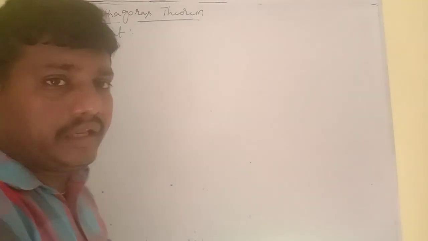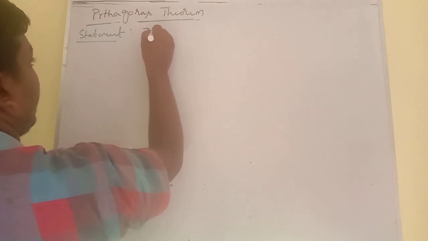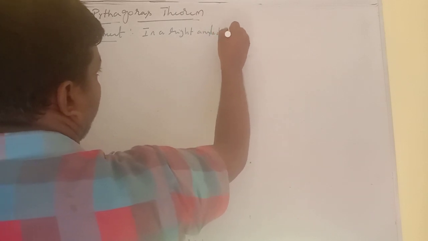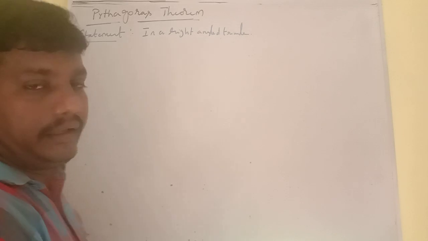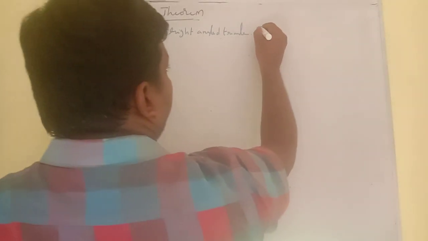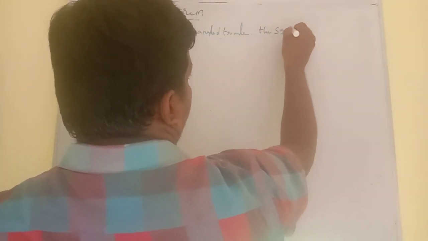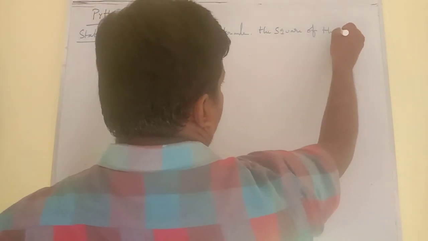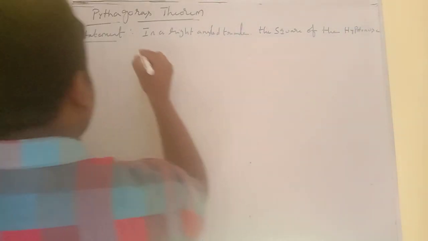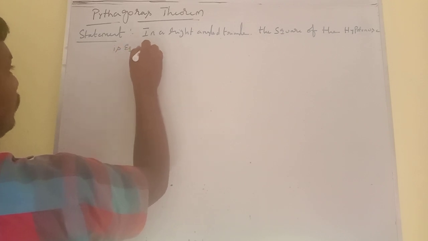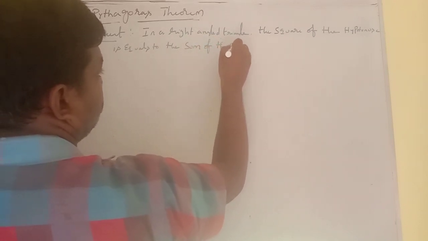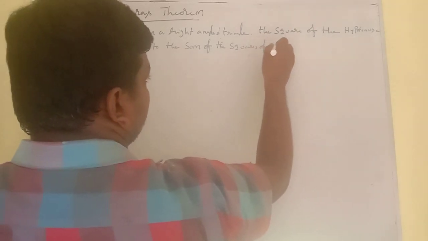Statement of Pythagoras theorem: in a right angled triangle, the square of the hypotenuse equals the sum of the squares of the other two sides.